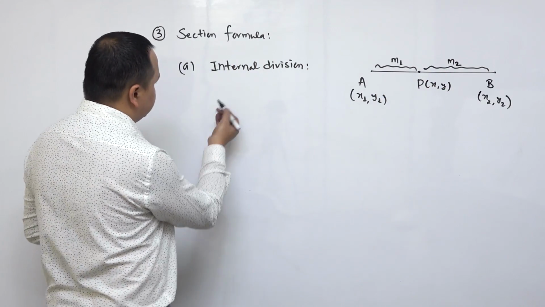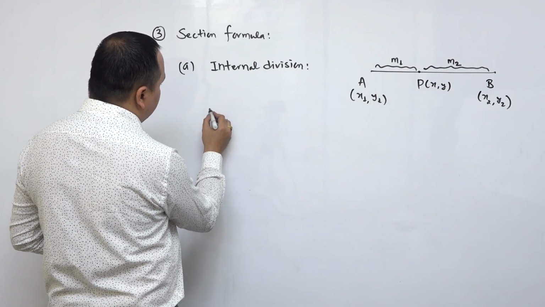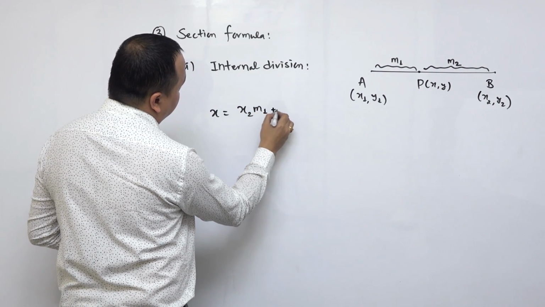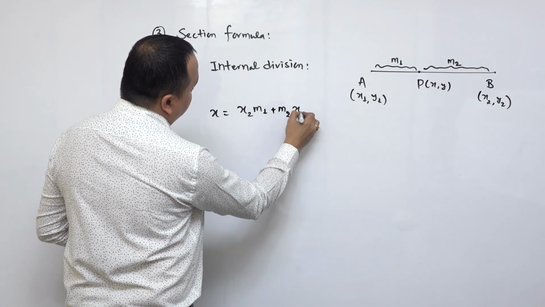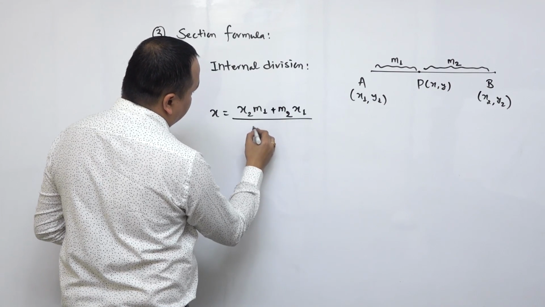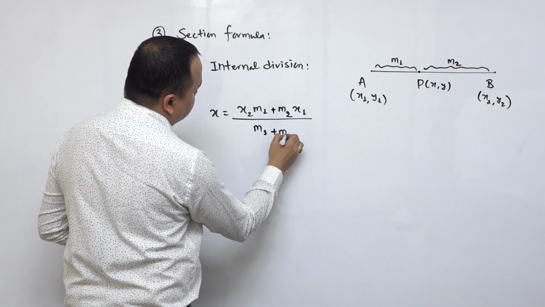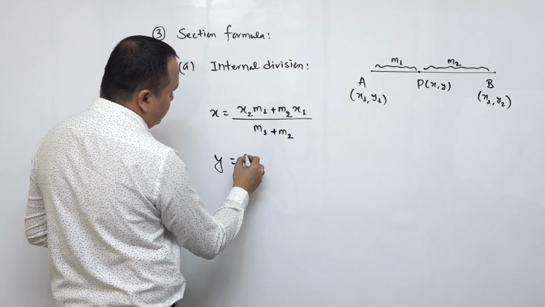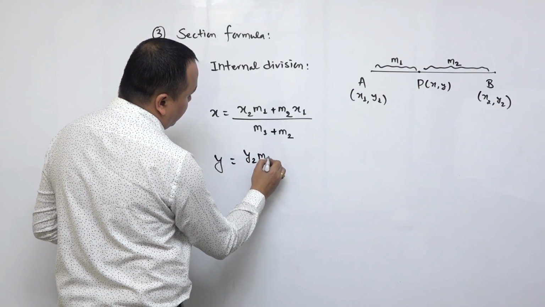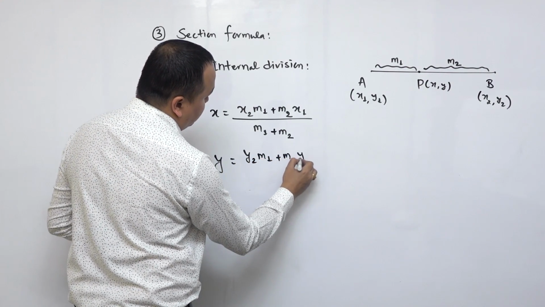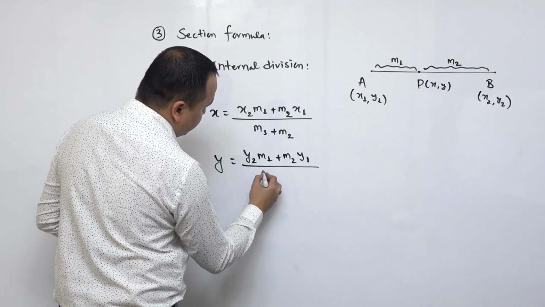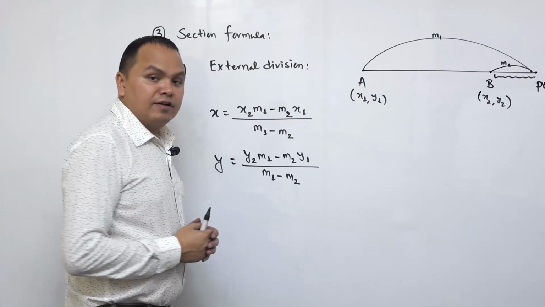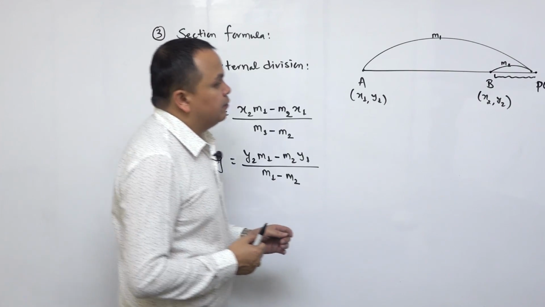Then for internal division, x is equal to (x2 m1 plus m2 x1) divided by (m1 plus m2). Similarly, y is equal to (y2 m1 plus m2 y1) divided by (m1 plus m2).